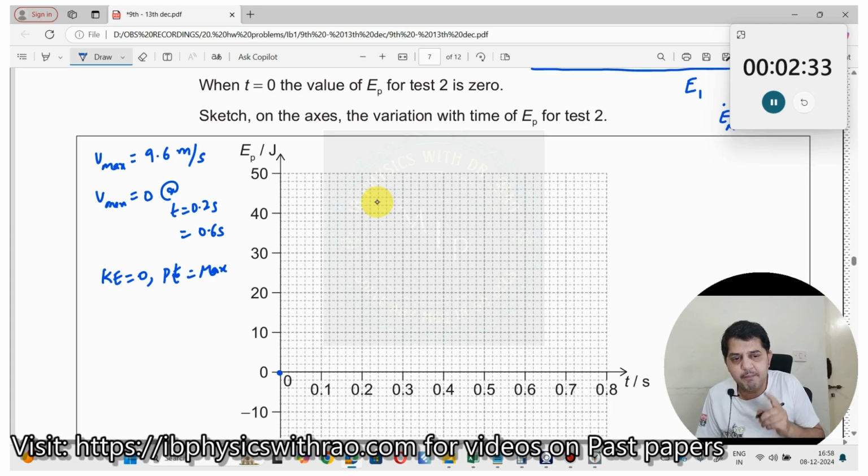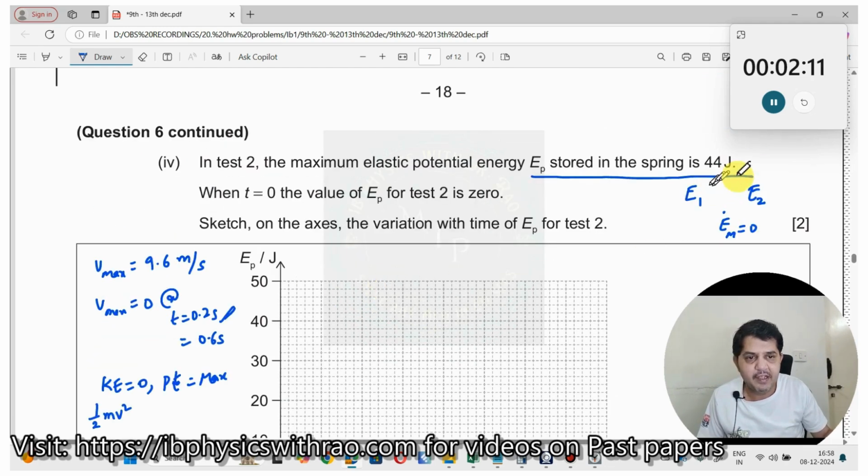When either mass or velocity becomes 0, because kinetic energy is half mv squared. m cannot become 0 because mass is always there, right? v can become 0. When will v become 0? At t equal to 0.2 seconds, so potential energy will be maximum at t equal to 0.2 seconds. What is that value? The value is 44 joules, right?